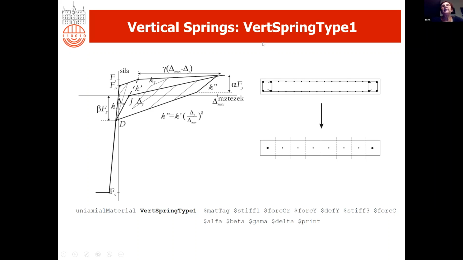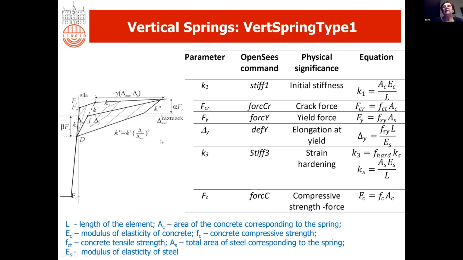We have a special material named vertical spring type 1. For each of these segments, as I said, we define one spring, and let's see what the input parameters defining this behavior are.